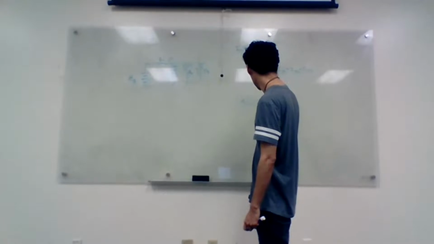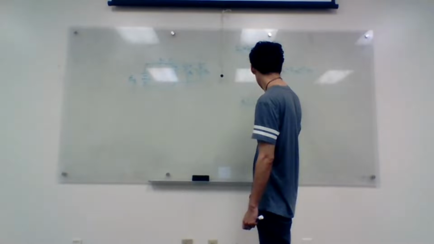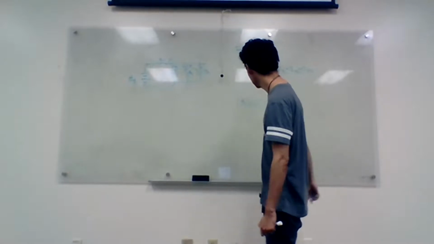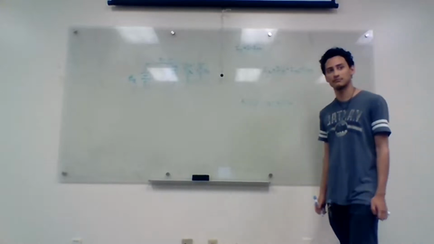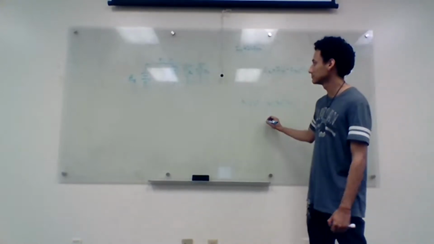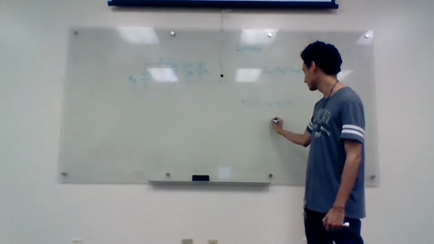V1 equals V_R. And then our KVL equation is going to be E_G is equal to V_R1 plus whichever one of those.